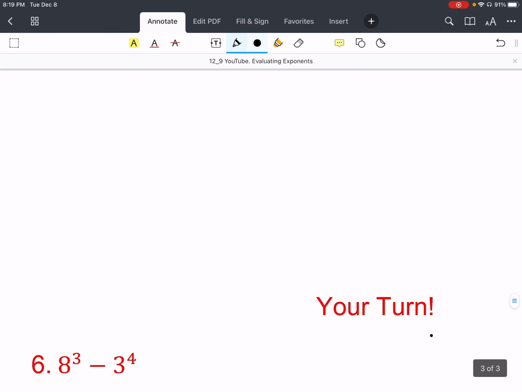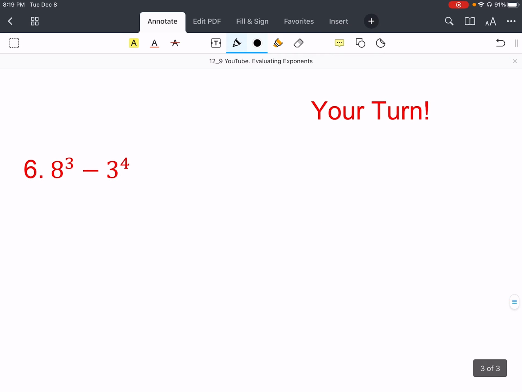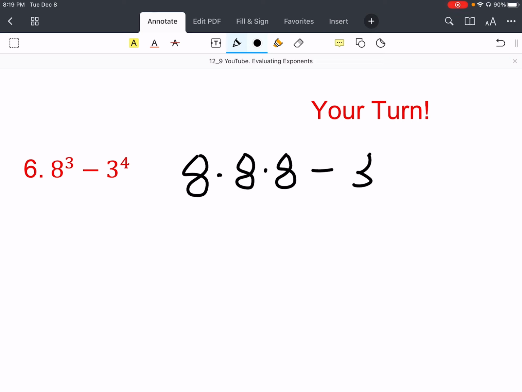All right, your turn to try this. Subtraction is going to be the same thing as addition, so go ahead and pause the video and try this. All right, we can see that exponents make our numbers pretty big pretty quickly, and a math error might be your only obstacle, or the fact that I can't draw a 3.